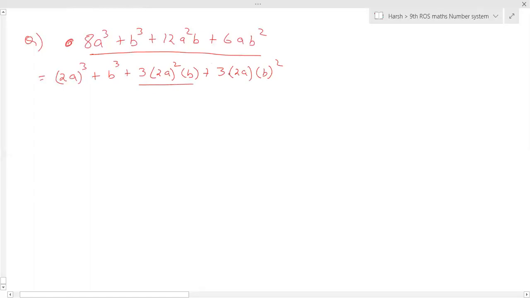Is it equal to this? 3 to the 6 a b square, yes. So what will it be? 2a plus b the whole cube. Correct? This is in the form of a cube plus b cube plus 3a square b plus 3ab square. We can write it as 2a plus b the whole cube. Understood? Yes, sir.